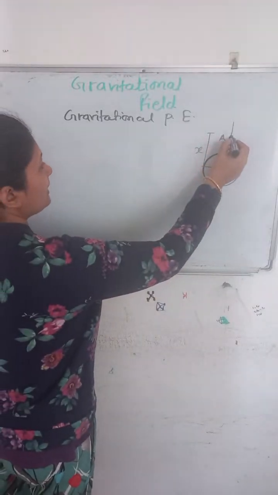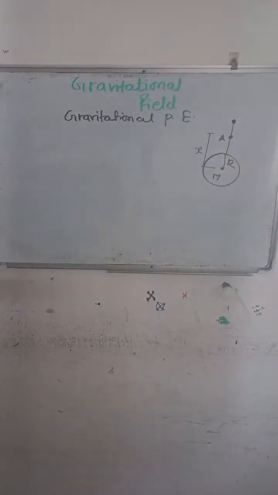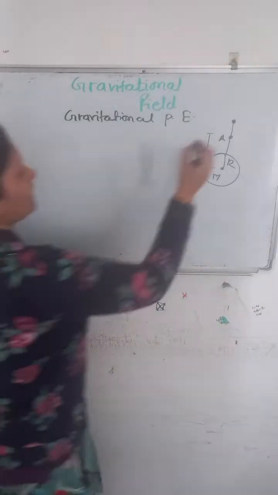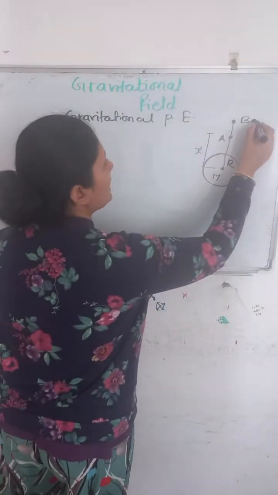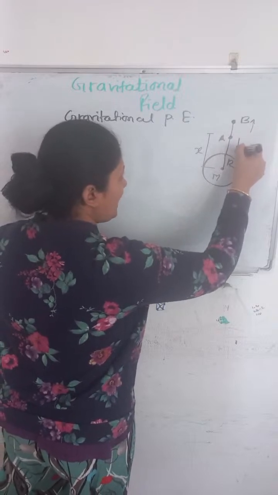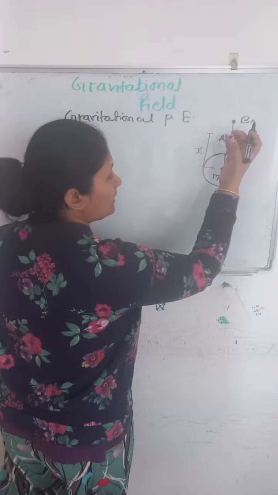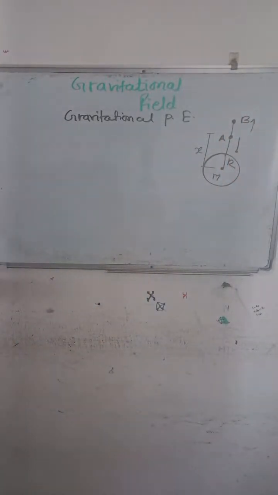I am bringing that body from point A to a certain distance, somewhere there, which I will call point B. Whenever I do work in the upward direction, gravity is also acting on that body and is always trying to attract it.